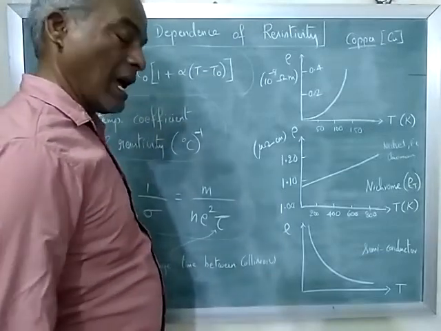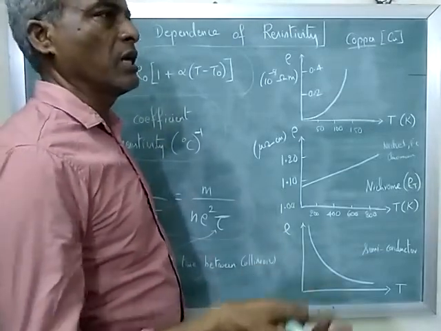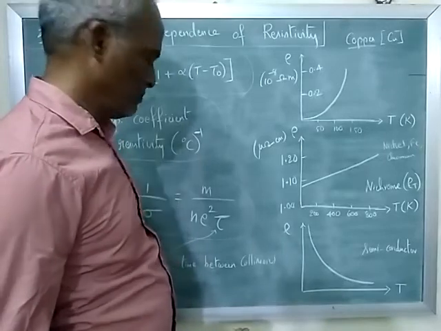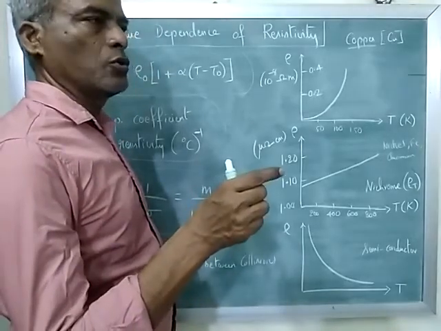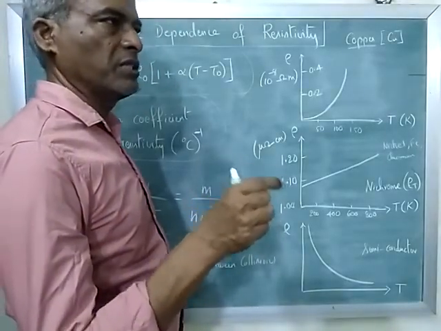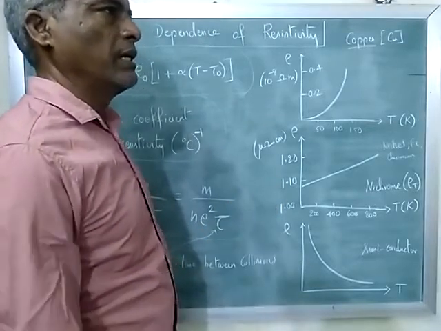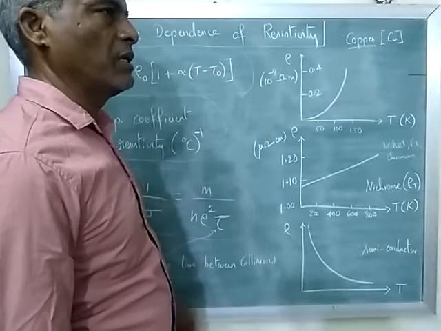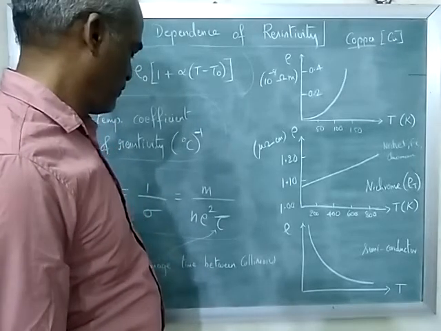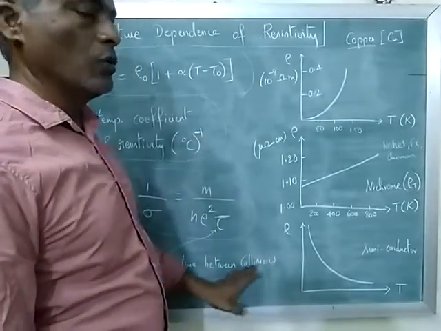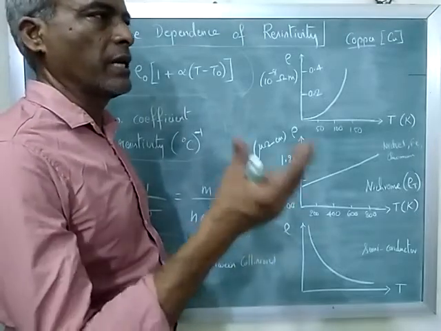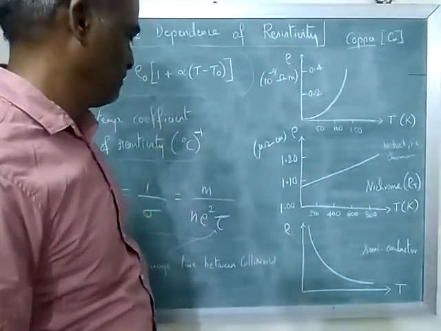Suppose it undergoes some 10 collisions: between the first collision you measure the time, between the second collision you measure the time, likewise you measure all 10 collisions and finally find the average. That is the average time between collisions when the electron tries to move in random directions.